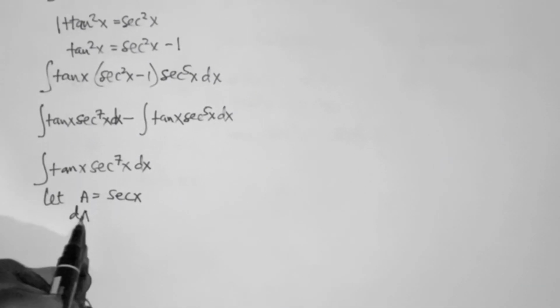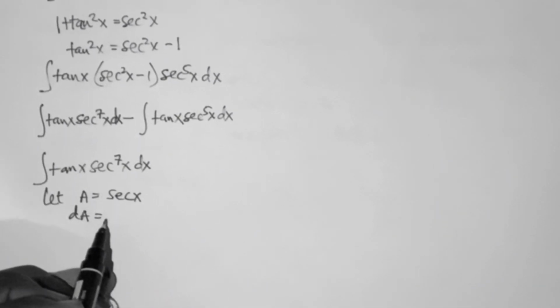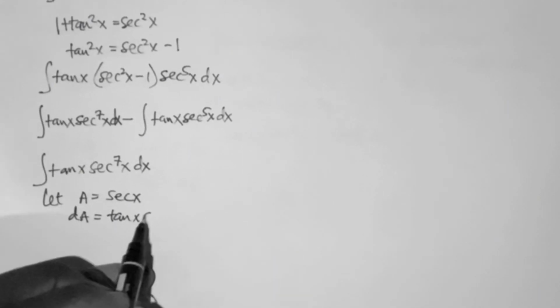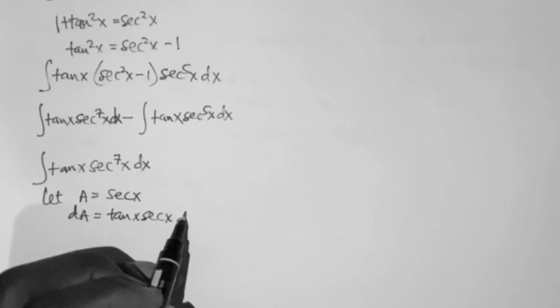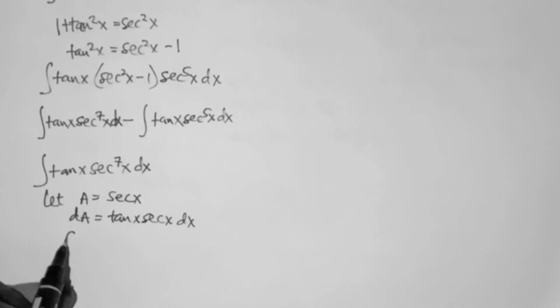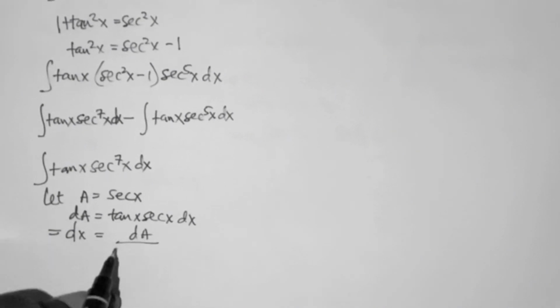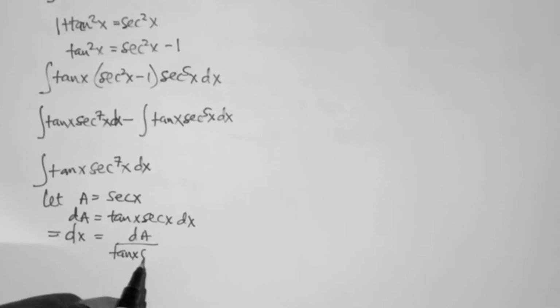So dA is equal to, if you differentiate sec x, it is tan x sec x dx. So this implies that dx is equal to dA over tan x sec x.